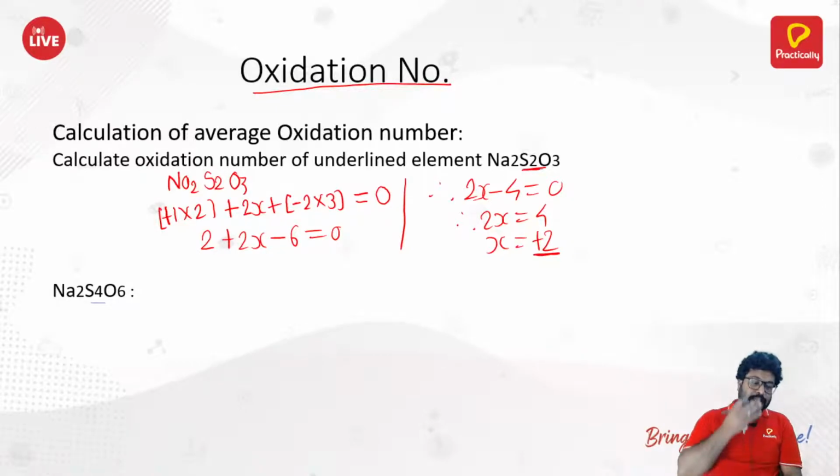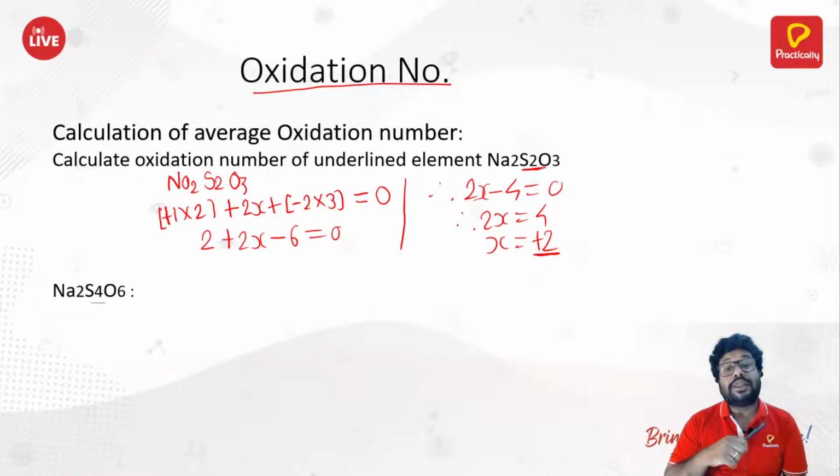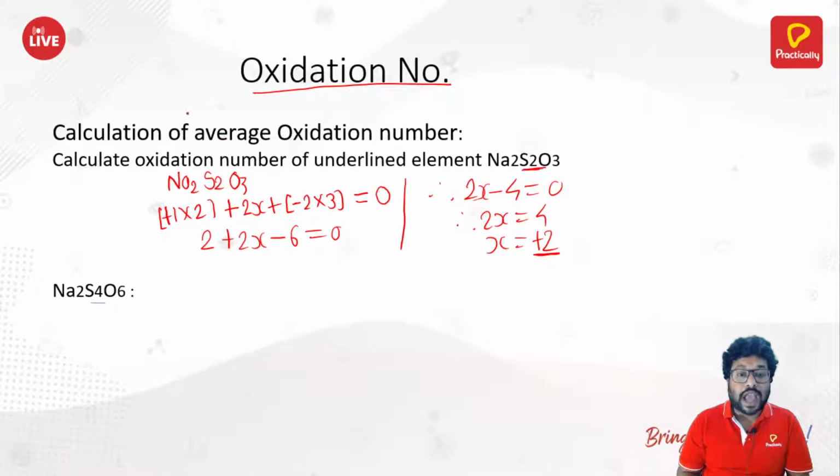Now the question is, do both the sulfurs have plus 2 oxidation state, or is it that one sulfur is in plus 4 and the other is in 0? Because we are talking about the average. I'm talking about the average oxidation number. So let me tell you by drawing the structure whether really both the sulfurs are in plus 2 or not.